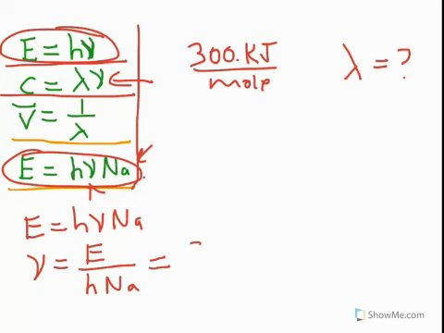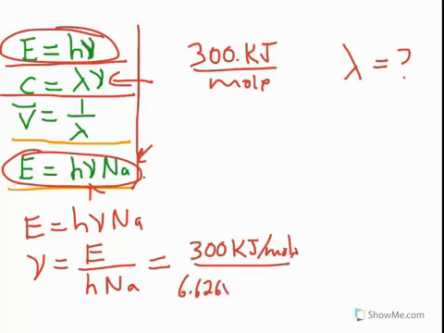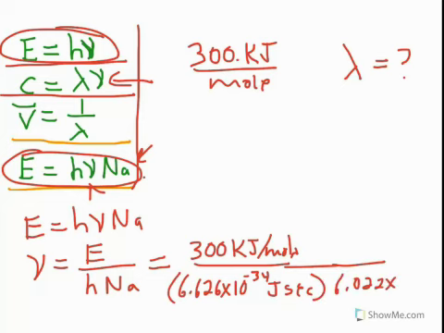So I have 300 kilojoules per mole divided by 6.626 times 10 to the -34 joule seconds times Avogadro's number, 6.022 times 10 to the 23rd per mole.